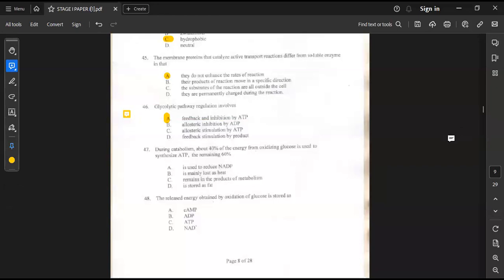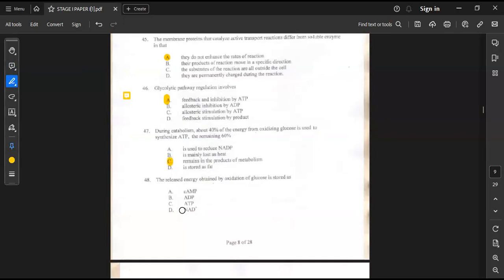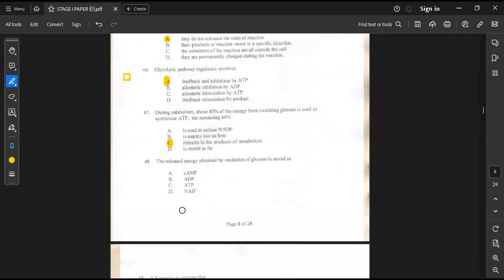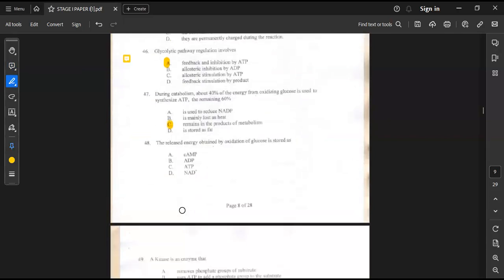I'd go with it remains in the products of metabolism, because if they are talking about 40% of the energy used to synthesize ATP, essentially what we are talking about in glycolysis is that we use 2 ATPs, then the other ATPs, or we are able to form NADH, but I'm not so sure.